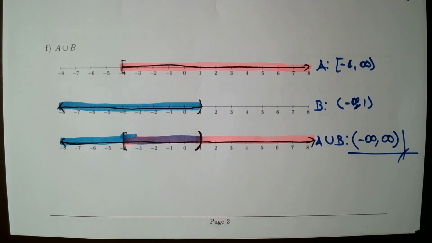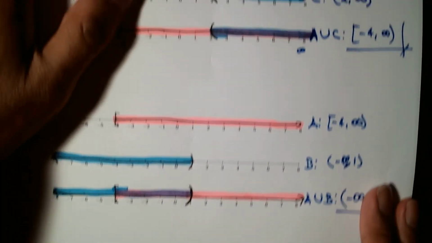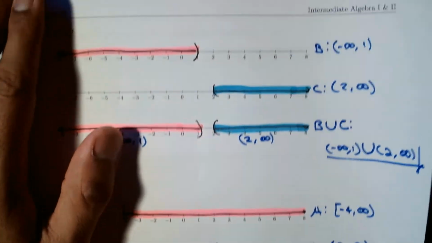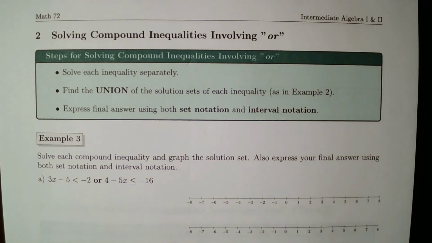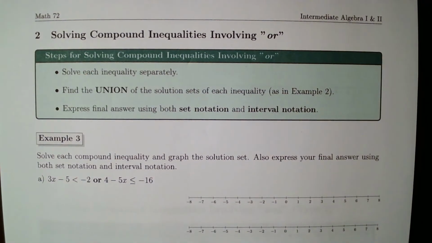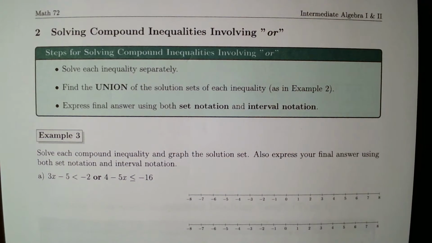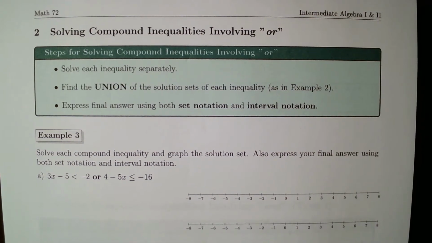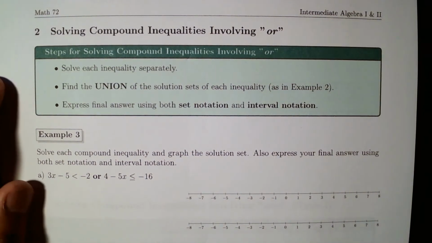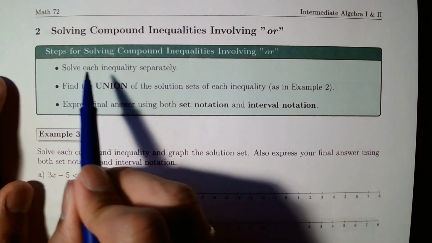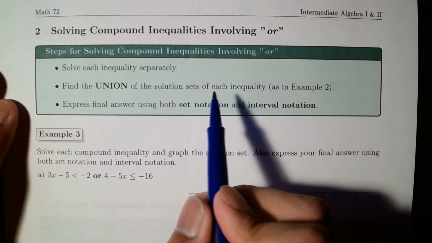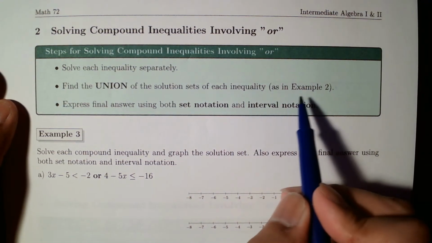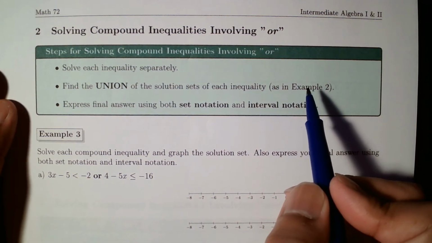All right, let's move on to the next topic. The next topic is to solve compound inequalities involving OR. Right here in this green box, you will see the steps for solving compound inequalities involving OR. We need to solve two separate inequalities and then find the union of both, just like we did in the previous couple of pages.